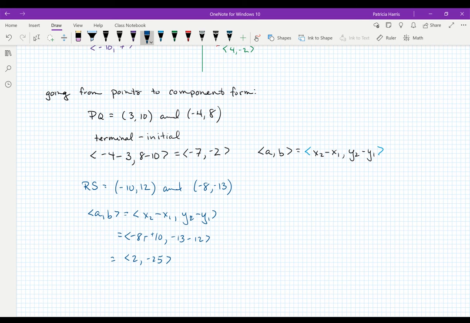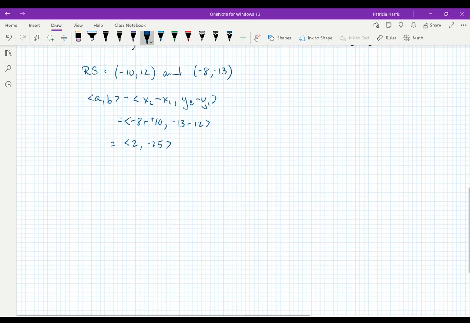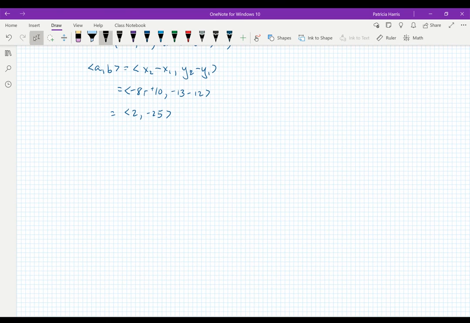Okay, so let's talk about magnitude and direction. Okay, and then in the next video, we'll talk about something called scalar multiplication. Okay, so the magnitude of a vector is or can be considered its length.